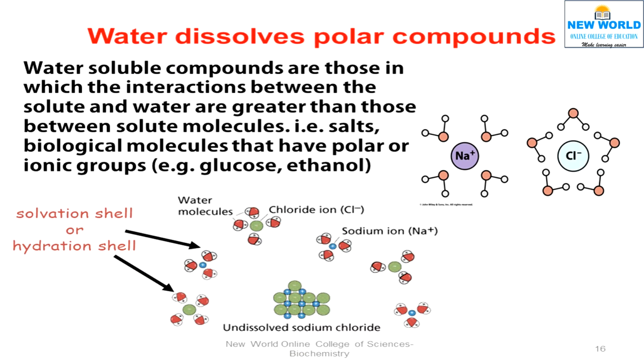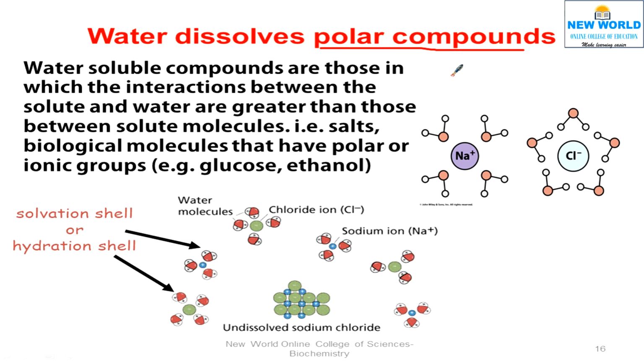Okay, now the one in the previous slide was the non-polar compound which gives us the effect of hydrophobicity. Now this one will give us the effect of hydrophilic polar compounds. How do polar compounds behave with water?